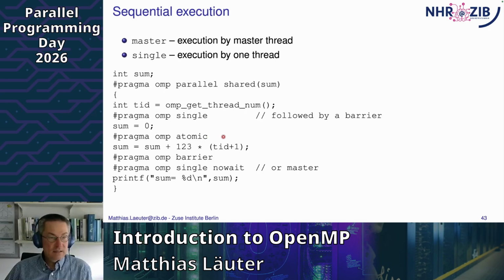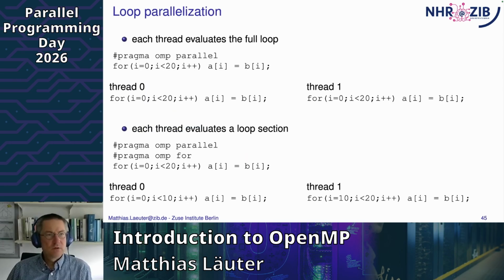Then in this line, all of the threads do this job, but one after the other. Here is a barrier. And here again, one single thread is executing this. And single does not mean it's a master, it's just one thread which is available. Okay, so this is data control.